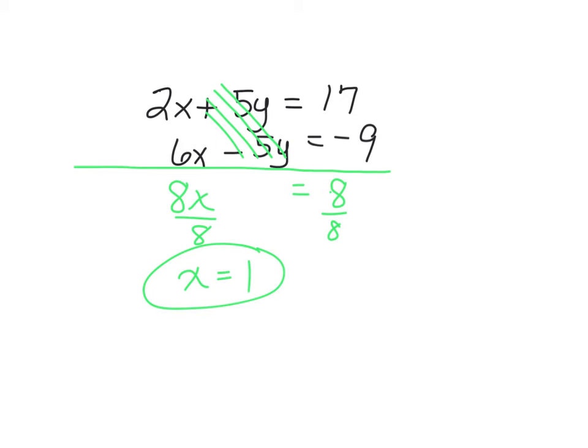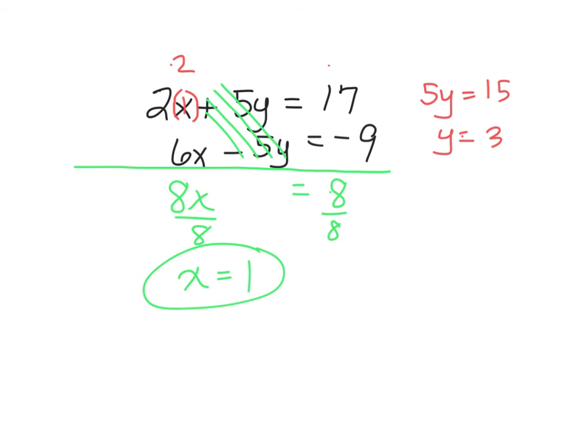So I'm going to take that value for x, it is 1, and substitute it into the first equation just because that one looks easier for me. There's no negatives in it, so less chance I'll mess up my signs. 2 times 1 is 2 plus 5y equals 17, and my next step would be subtracting that 2 from both sides. Gives me 5y equals 15, and y equals 3.